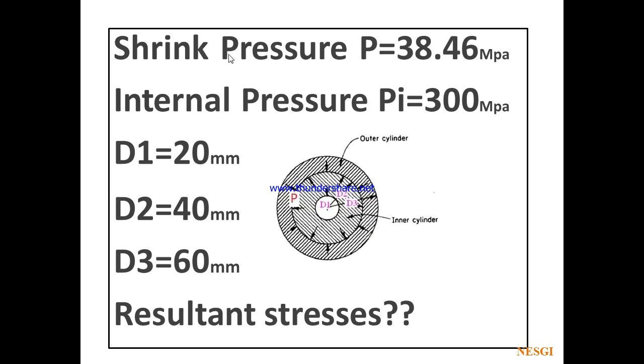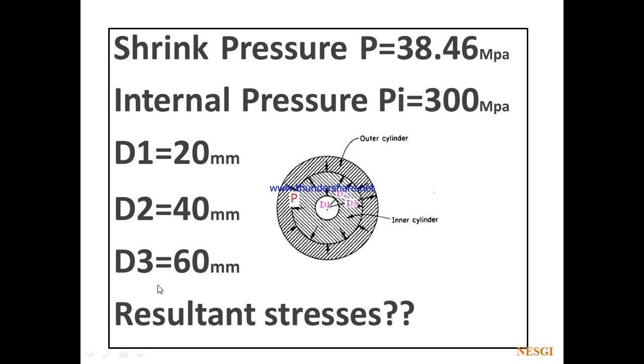So shrinkage pressure, it is P is equal to 38.46 MPa. Internal pressure Pi is equal to 300 MPa. So it is also compound cylinder.